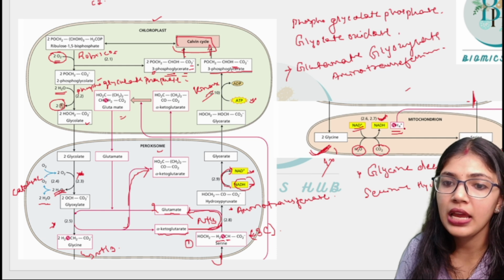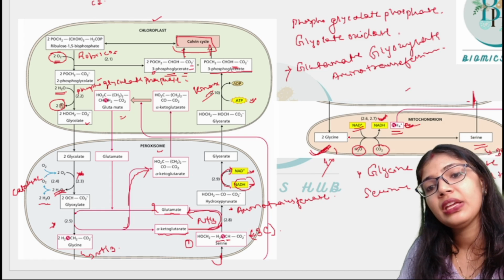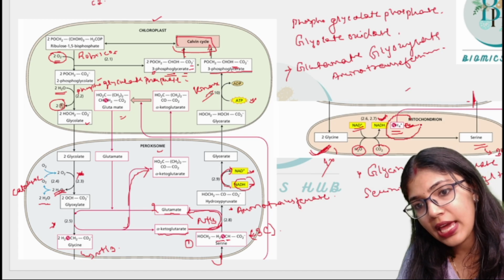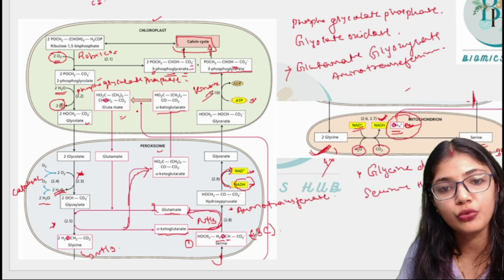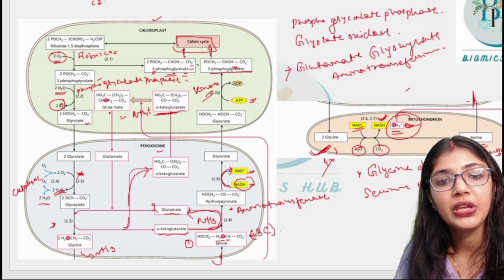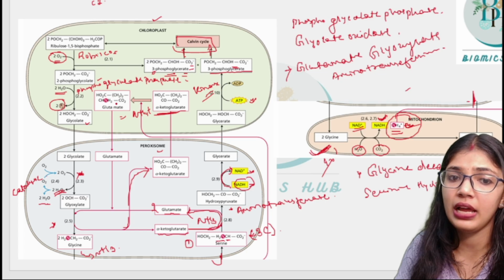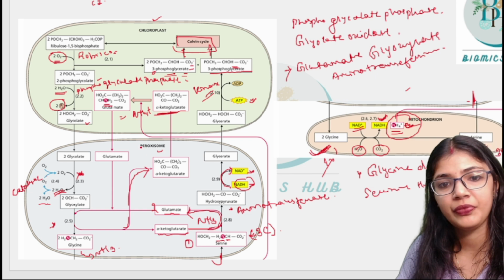The NH4 plus which was formed during the conversion of glycine to serine. This NH4 plus will help in converting this alpha ketoglutarate into glutamate, and it will take the NH3 with it.